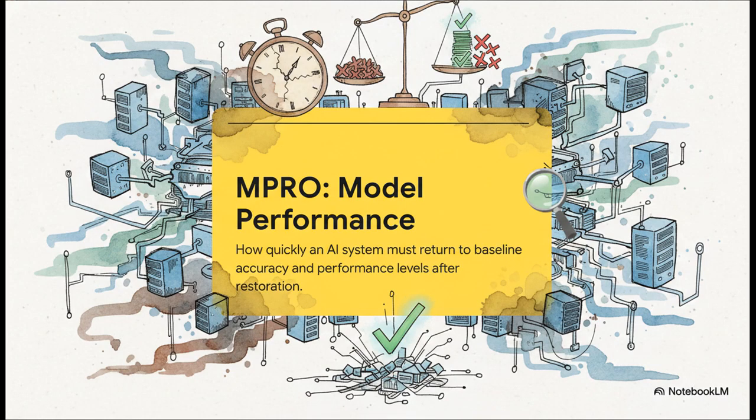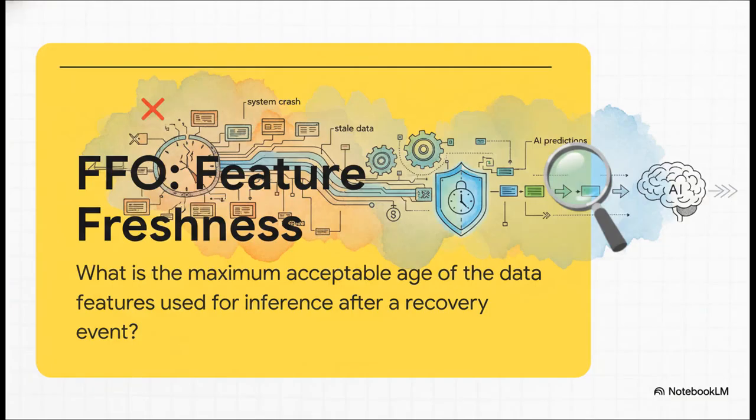It's a liability. Then we have FFO, the Feature Freshness Objective. This one is all about the data that's feeding the AI. Imagine your system recovers, but it's making predictions based on data from 6 hours ago. That's like trying to navigate today's traffic using yesterday's map. It's useless. FFO sets a clear deadline. The data can't be any older than this.